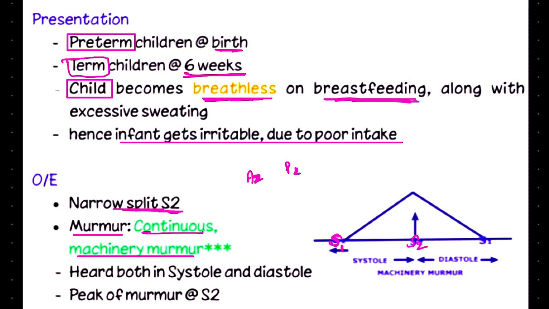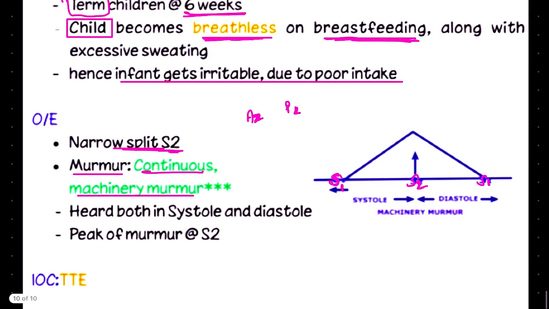If it is S1, S2, and again S1, the duration between S1 and S2 is called systole, and from S2 to S1 again is called diastole. The peak of this continuous or machinery murmur is observed at the S2 place, and it is heard in both systole and diastole.